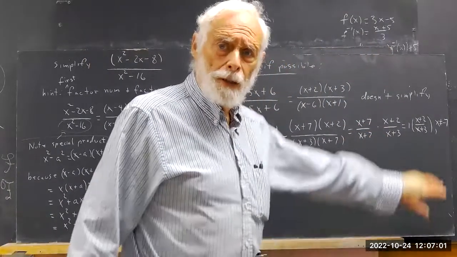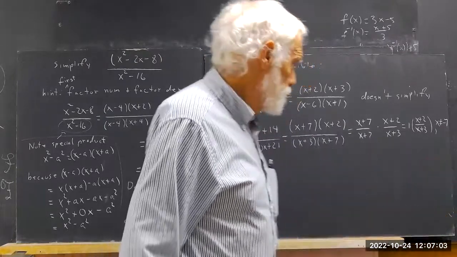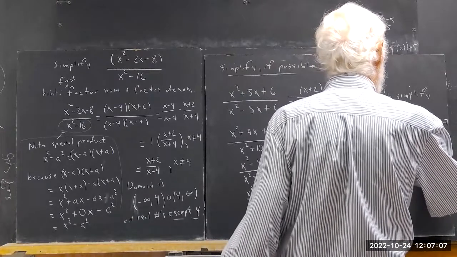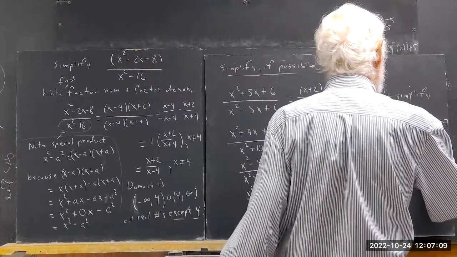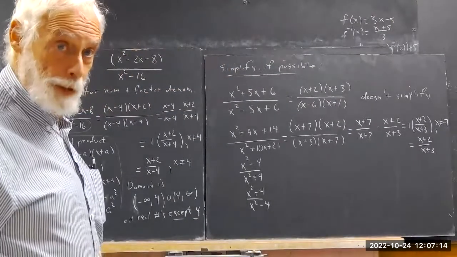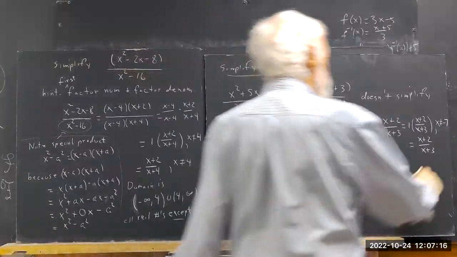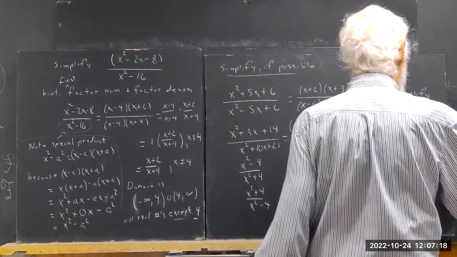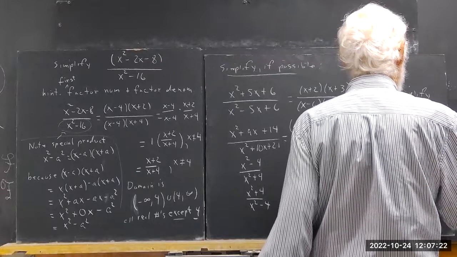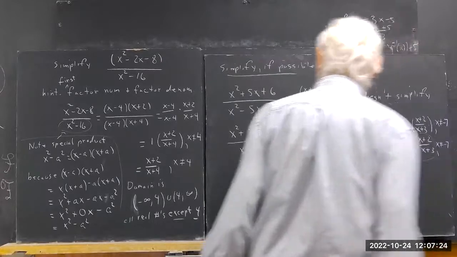Remember to write that out. And then this equals x plus 2 over x plus 3, again provided x is not equal to negative 7.